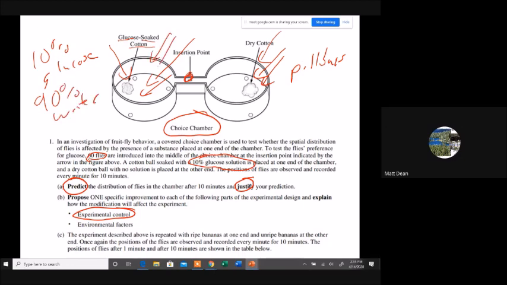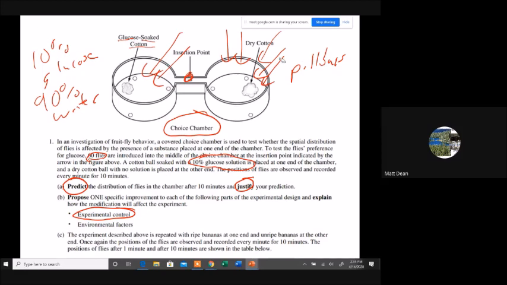So really on this side, we have two things going on. We have sugar and we have water. On this side, we don't have either one of those. So if all the plants go over to this side with the glucose-soaked cotton, we don't really know for sure in this experiment if they're going over there for the glucose, if they're going over there for the water, or if they're going over there for both of them.